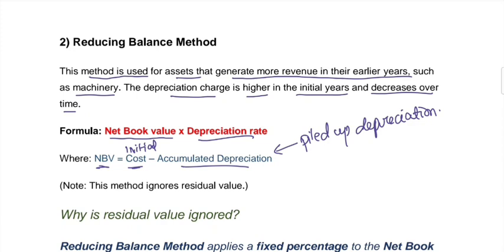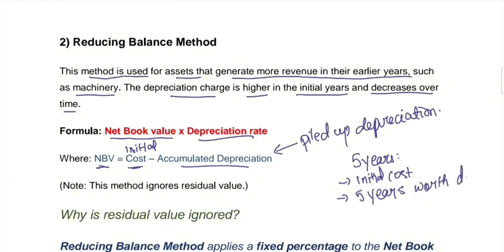All right, so if we are talking about the net book value at the end of 5 years, then we take the initial cost, which is the cost that we recognized at the very start, and we deduct 5 years worth of depreciation and we get the net book value or the carrying value of the asset.